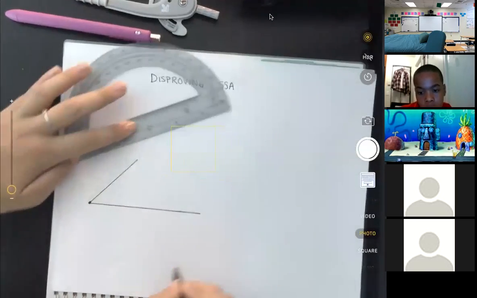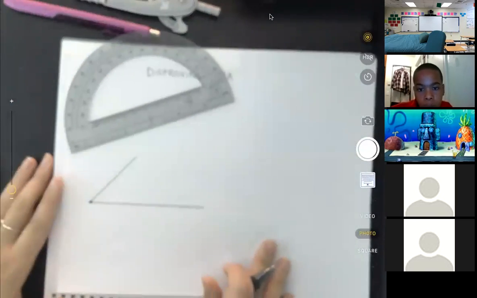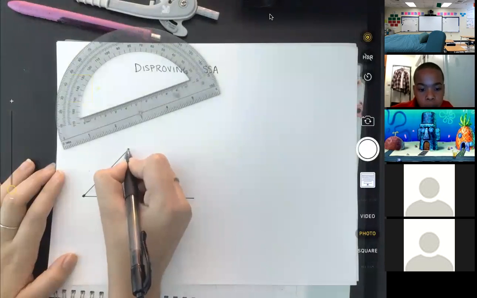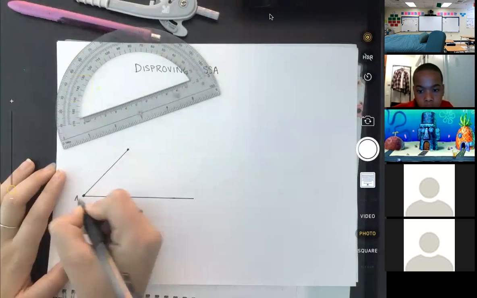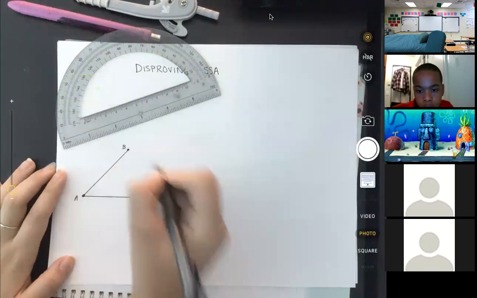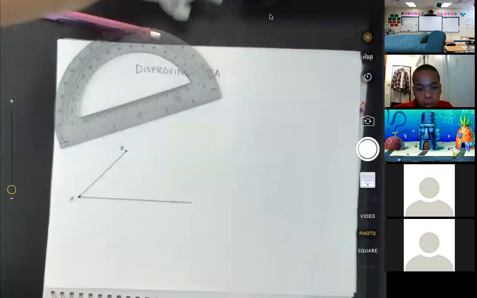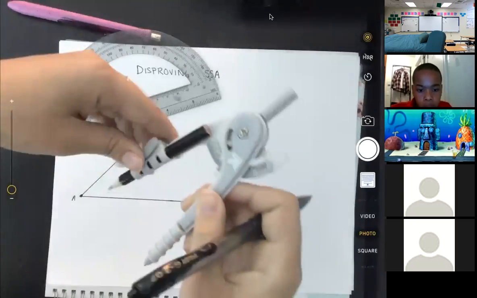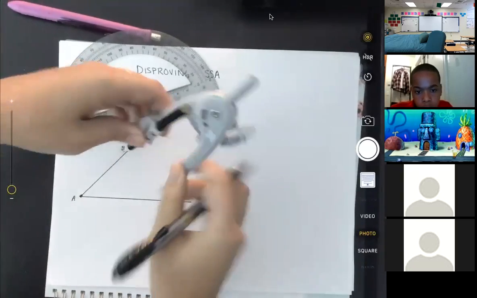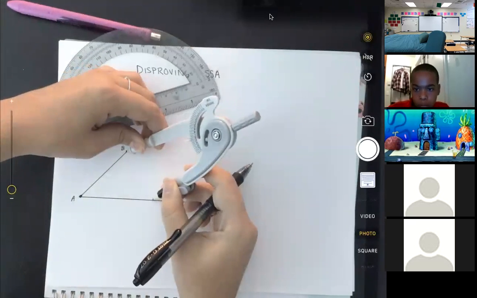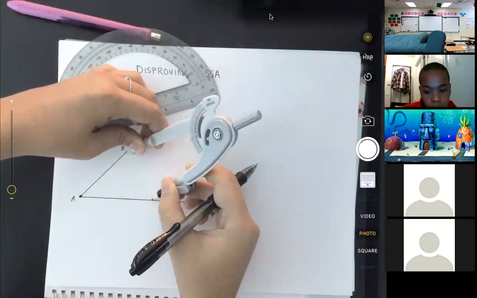All right, so I'm going to start off. I just have this angle right here. I'm going to call this one A, and I'm going to call this one B. And I'm going to use my compass. I'm going to connect B to any other point. Let's connect it right over here.